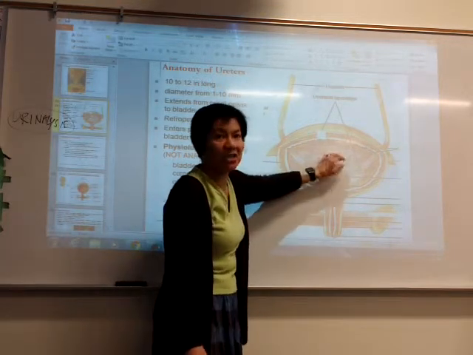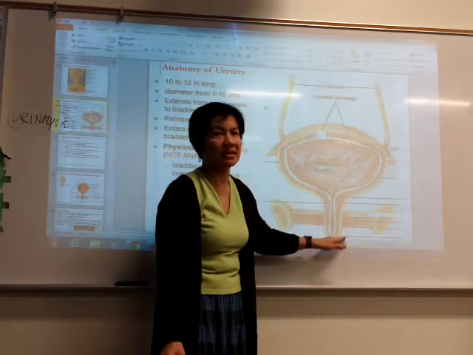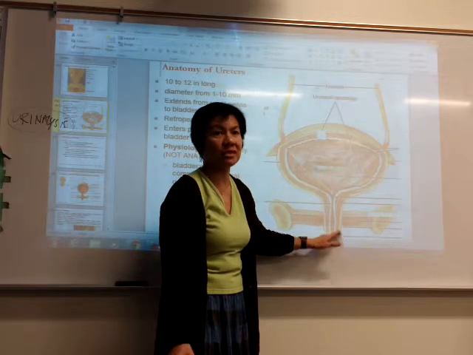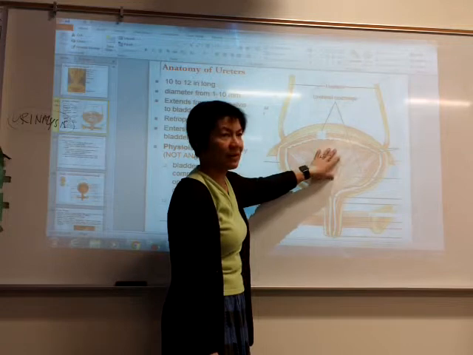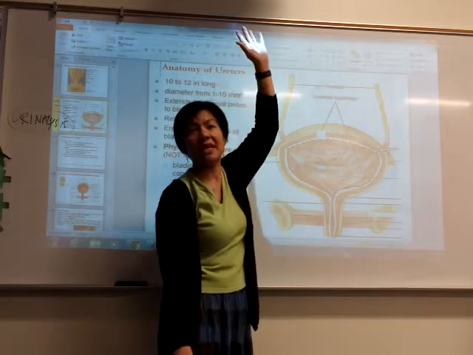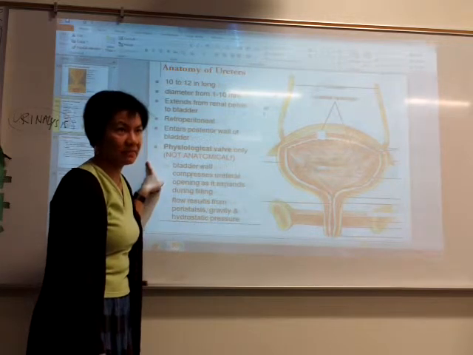So this garbage is nice bedding, board and lodging for the bacteria. If we don't get rid of this, it's very easy for the bacteria to enter, cause infection, and go up. Why? Because it's not anatomical.